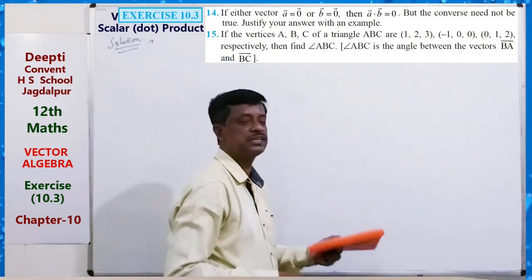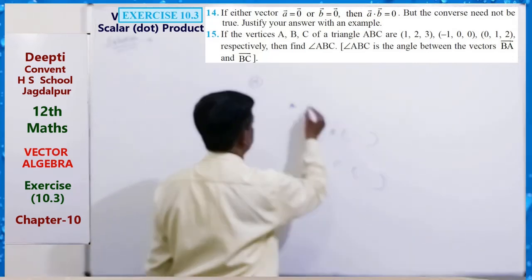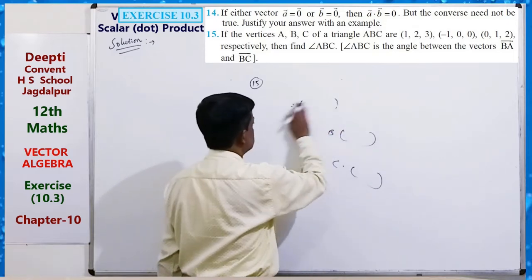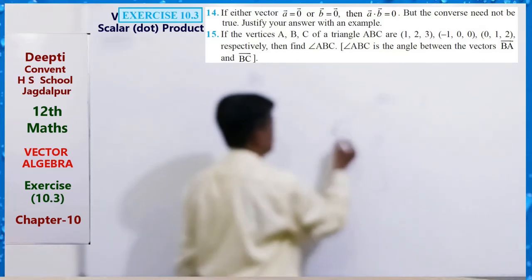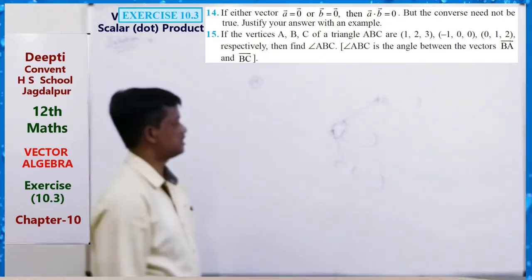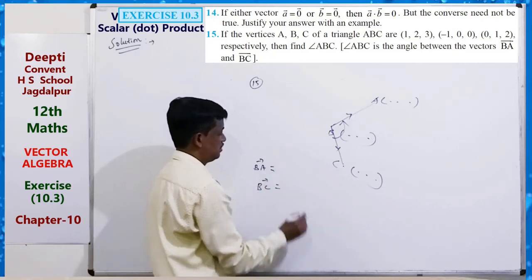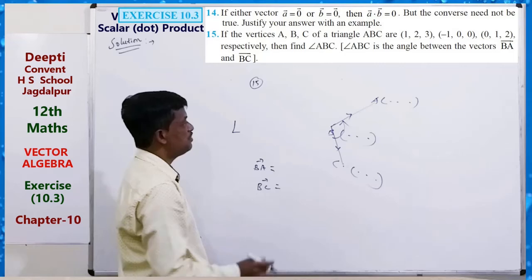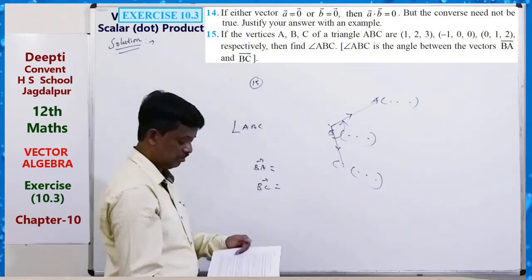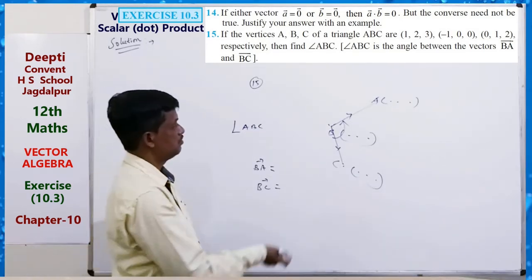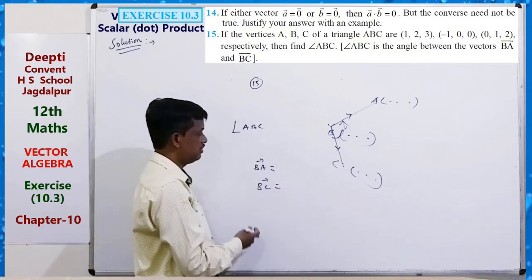So here the given points are A, B, C. Just find BA and BC, and then angle ABC is the angle between BA and BC, so this angle can be found.